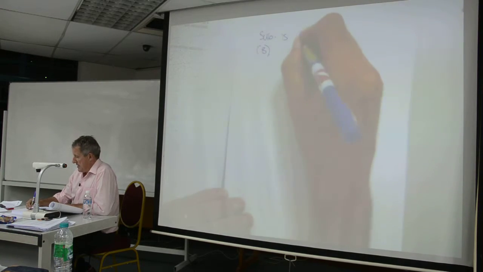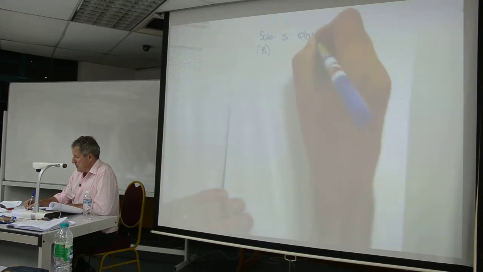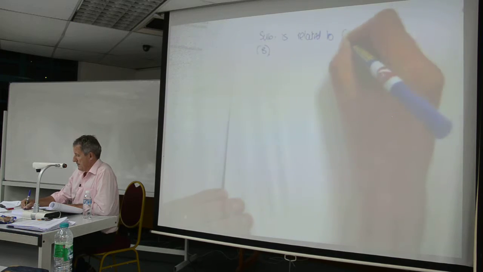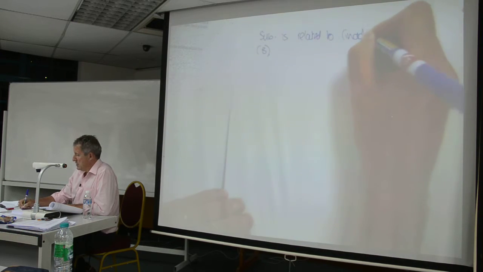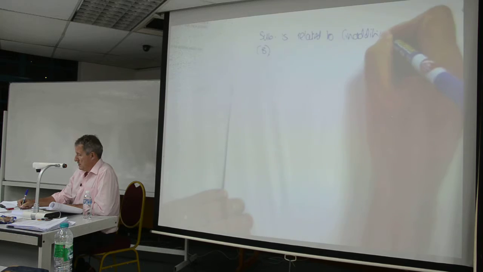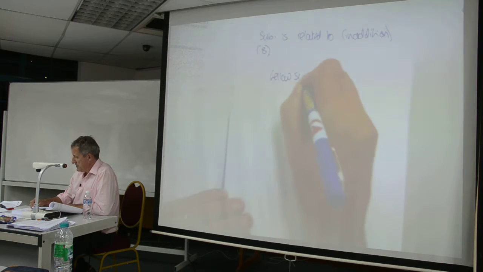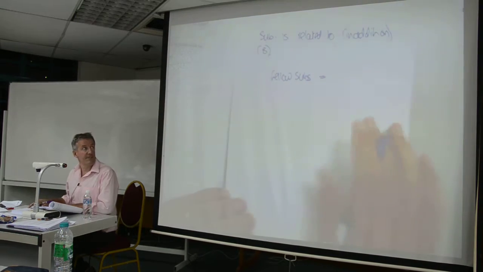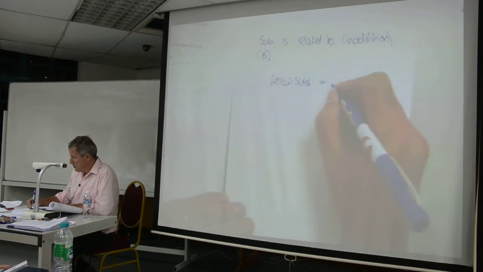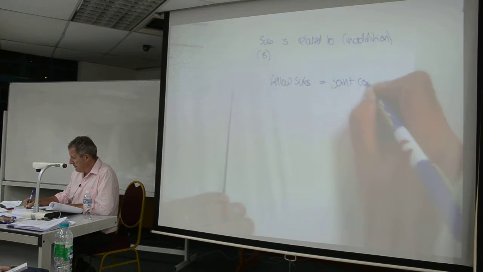So the sub is related to, in addition to the parent, its fellow subs, because it is subject to common control.